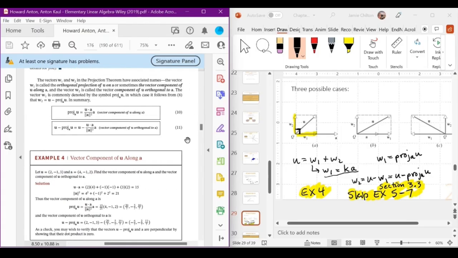So please make sure that you look at formulas 10 and 11 here, and that you know the names for W1 and W2 in terms of projections.